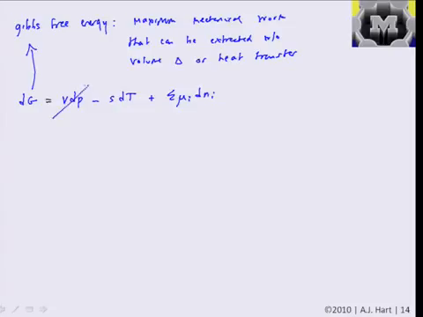And we're going to assume that there's no pressure change and there's no change in what's in the system. So we just have that our change in free energy is equal to minus small s times the change in temperature. And we'll come back to this in a minute.